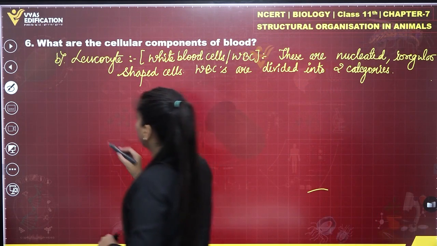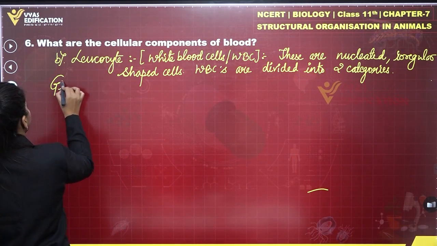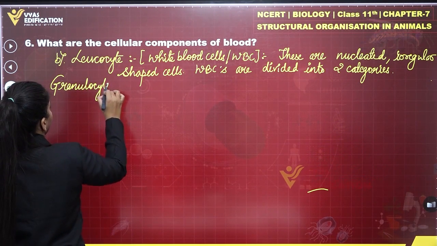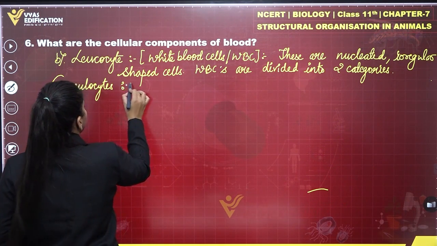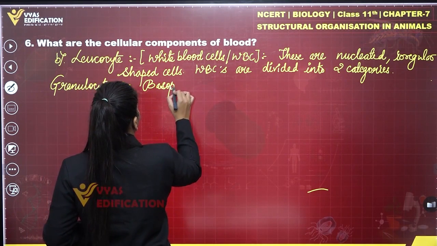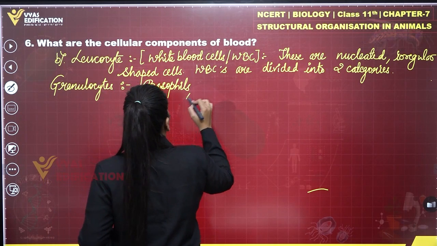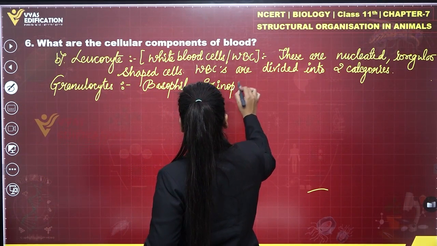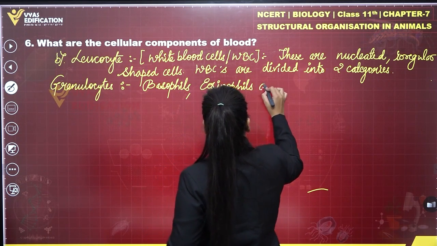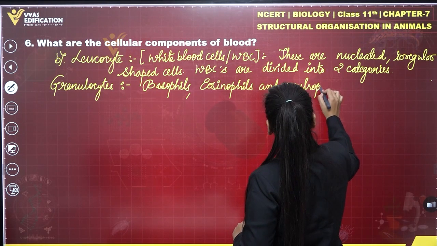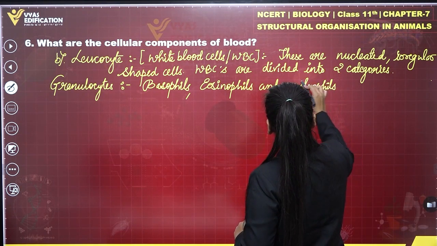That is granulocytes, into which we count basophils, eosinophils and neutrophils, right?